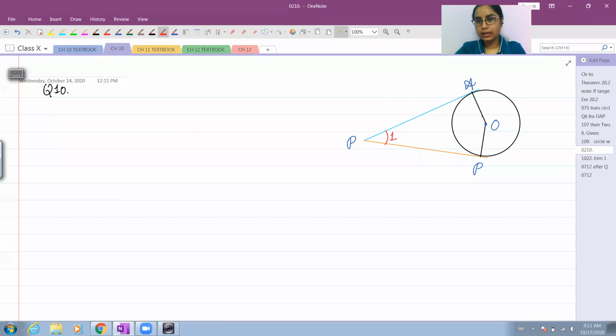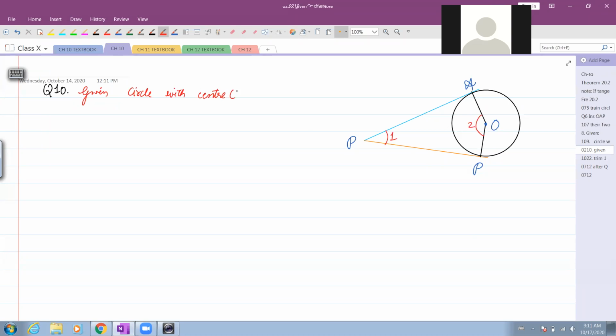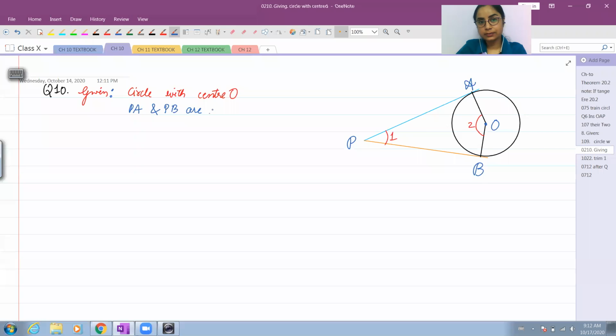I'm going to number the angles which I want to prove. Actually, this should be circle with center O, and PA and PB are tangents.